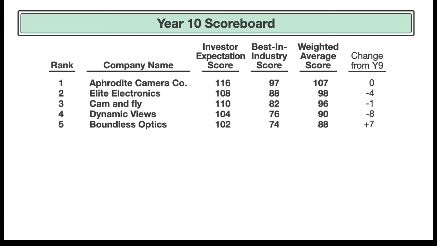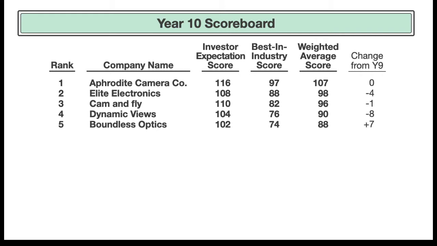Here are the standings for Year 10 scoreboard. As you can see, Company A is at the top with 107. You look at the change, though, from Year 9. There was no change for them. Well, like I said before, sometimes no change is a victory because you didn't lose.